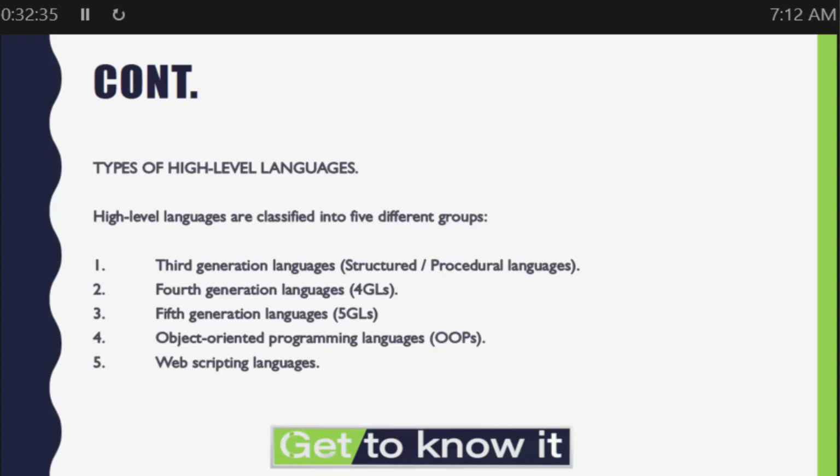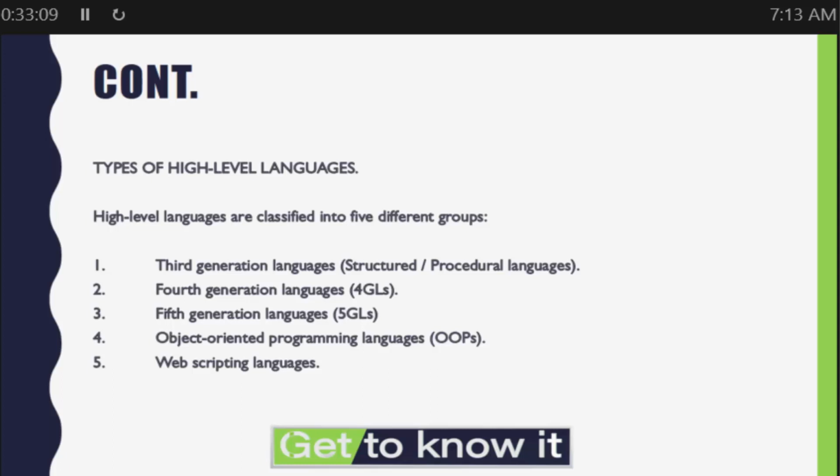Types of high-level languages. High-level languages are classified into 5 different groups. The groups include third-generation languages, also called structured or procedural languages, fourth-generation languages, also called 4GLs, fifth-generation languages, also called 5GLs, object-oriented programming languages, also called OOPs, and web scripting languages.